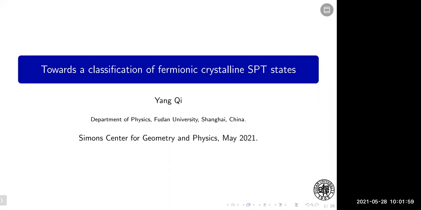Due to the time I have, and also due to the fact that I haven't been able to talk to most of the people here due to the current circumstances, I will just give a short brief view of what we have been doing towards the classification of fermionic crystalline SPT phases. I will omit most of the details and just give a brief introduction. If you are interested in the details, we can talk about that later, maybe afterwards.